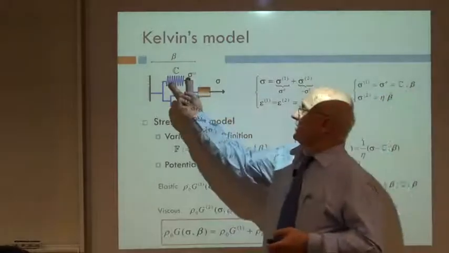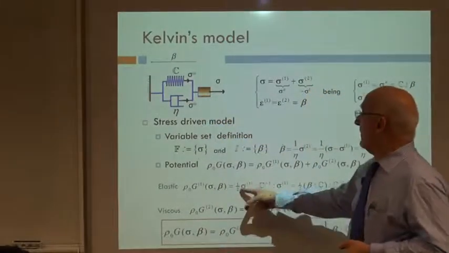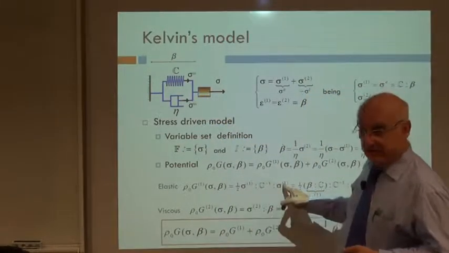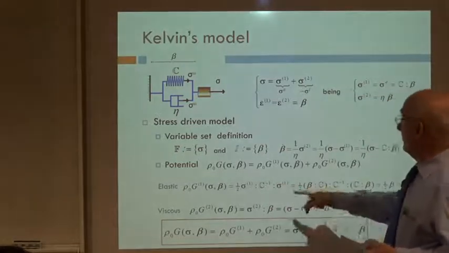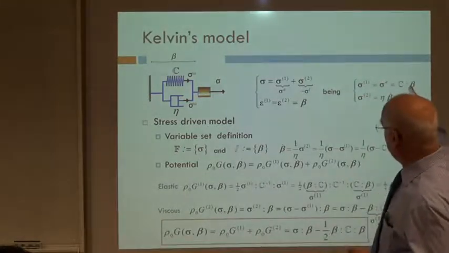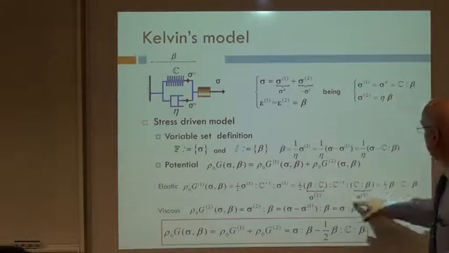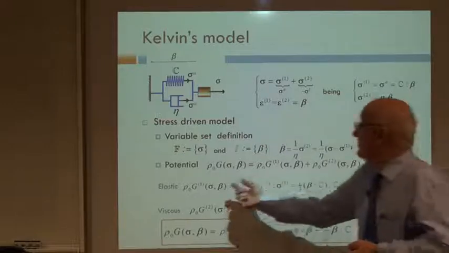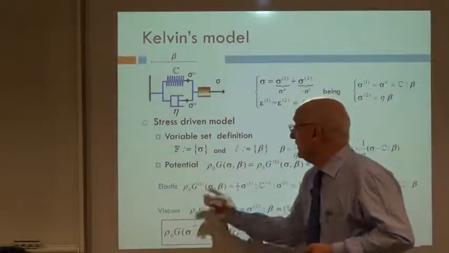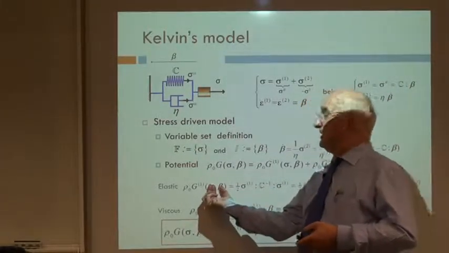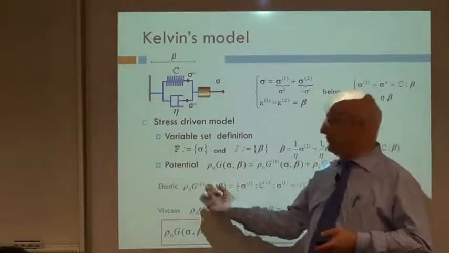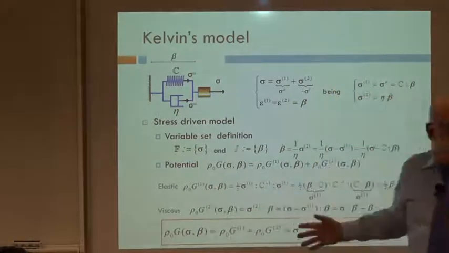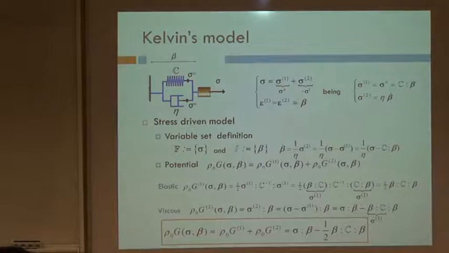What is the Gibbs potential of an elastic model? 1/2 the stress sigma 1 times C minus 1 times sigma 1, which is, by the way, sigma 1 equal to C times beta. Some operations, this gives 1/2 beta C beta, okay? Which is a specific case of the Gibbs potential being just a function of the internal variables and not of the stresses, but it's not breaking the rule.